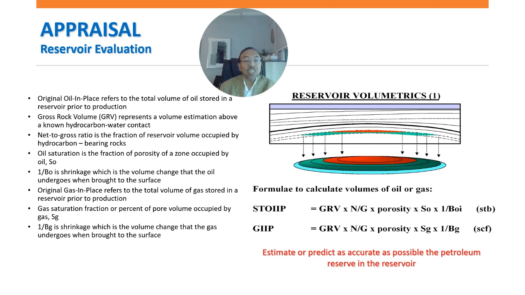Gas saturation is the fraction or percent of pore volume occupied by gas. 1 over Bg is shrinkage, which is the volume change that the gas undergoes when brought to the surface. Formula to calculate volumes of oil or gas is stated here.